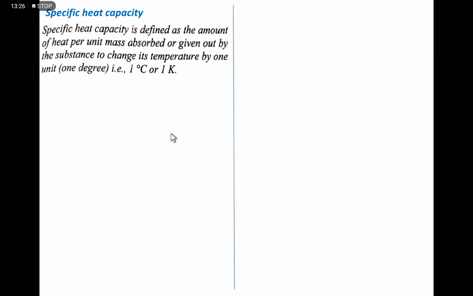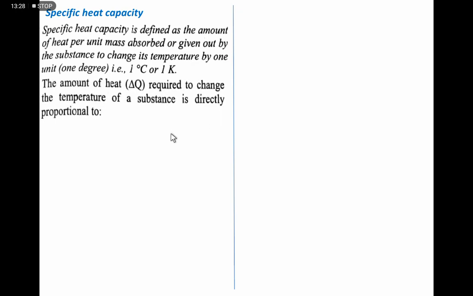Now the next topic of the chapter is specific heat capacity, and specific heat capacity means when heat is supplied to the body, the temperature increases. This we already studied in the previous lecture.